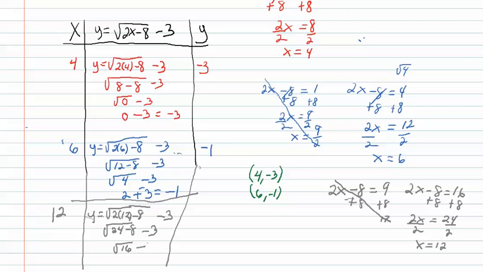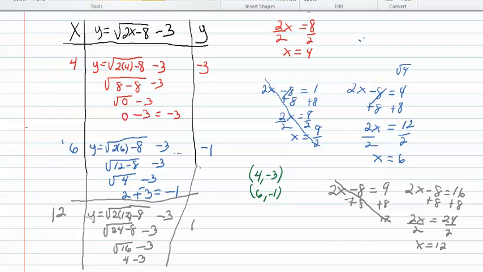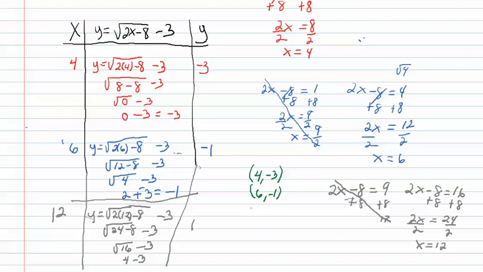Square root of 16 minus 3. Square root of 16 is 4. 4 minus 3 is 1. So that is our other ordered pair, and I'll change to green. So we have all of our ordered pairs in the green. So we got 12, comma 1.